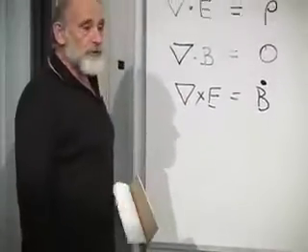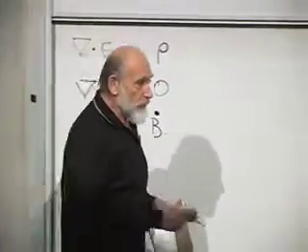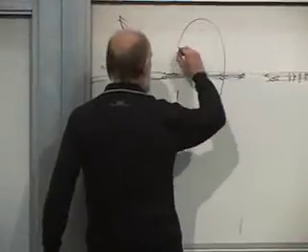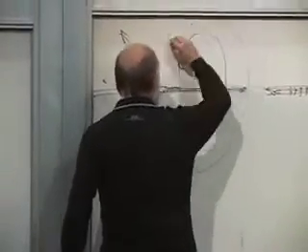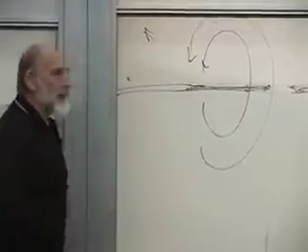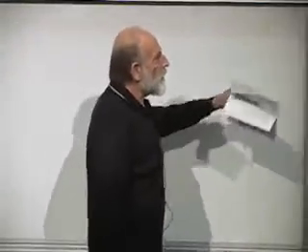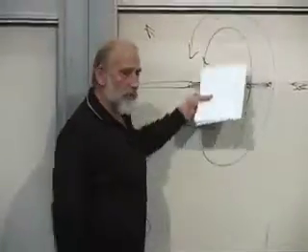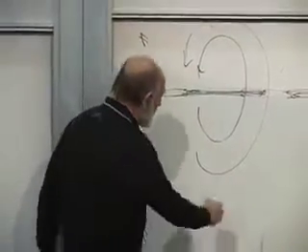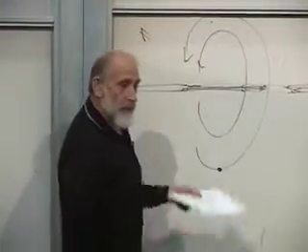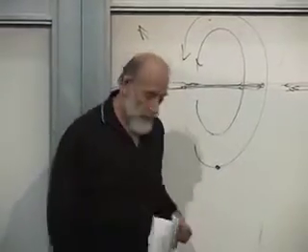The electric field has a curl. So it wraps around. What does it wrap around? It wraps around the solenoid. So ramping up the current through a solenoid creates an electric field around the solenoid. And in fact, that electric field could accelerate a charged particle and get it moving in a circle.